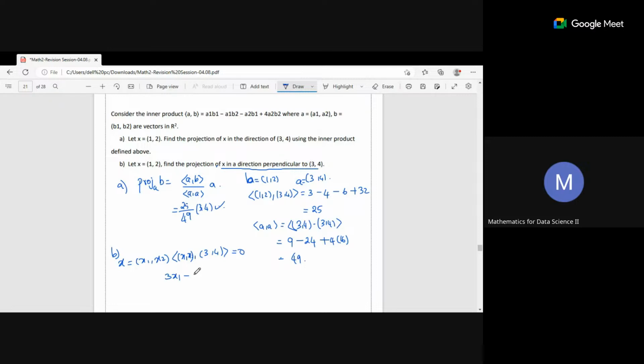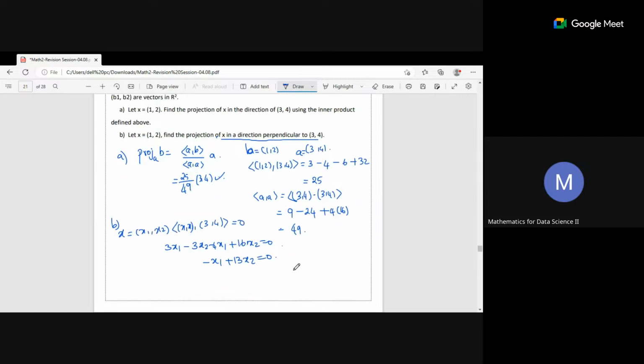So 3x1 minus 3x2 minus 4x1 plus 16x2 is equal to 0, right? It means you are getting minus x1 plus 13x2 is equal to 0, right? So if I take x2 equal to 1, then what is your x1?